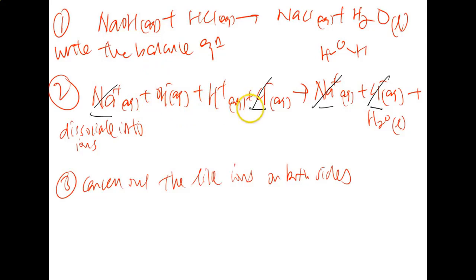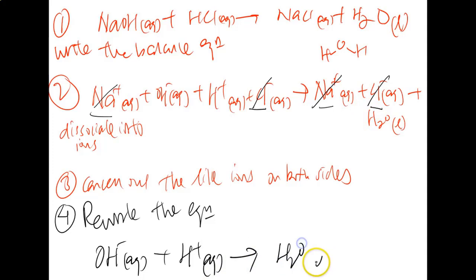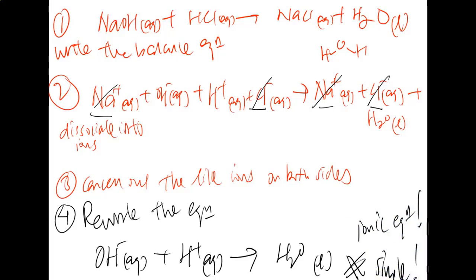And we are left with just these two ions here and water. So for step 4, we rewrite the equation with the ions that are left behind. So what do I have? I have OH minus aq plus H plus aq, giving me H2O liquid. And voila, this is the ionic equation. Simple, right?